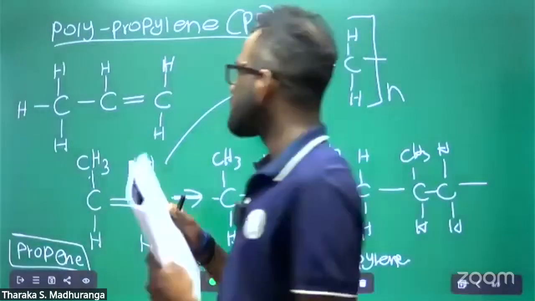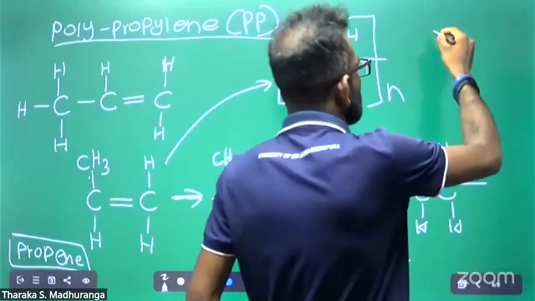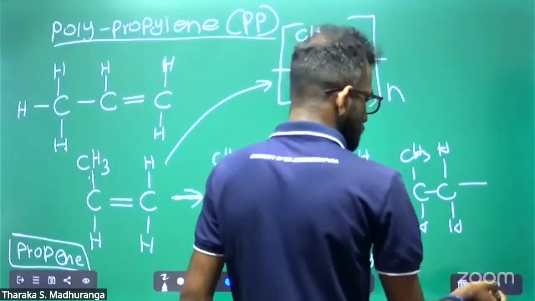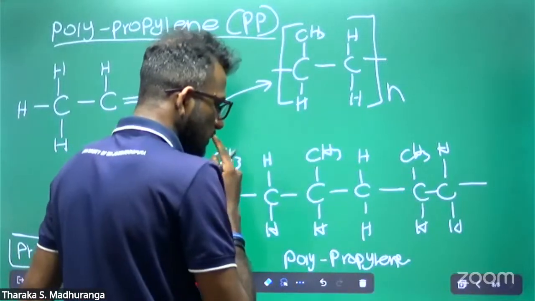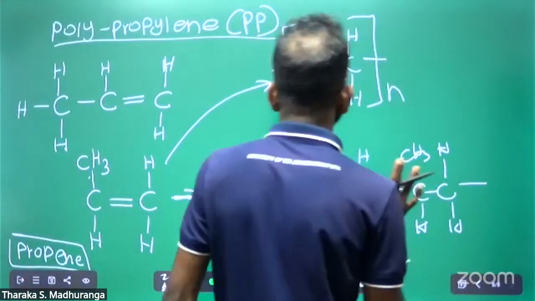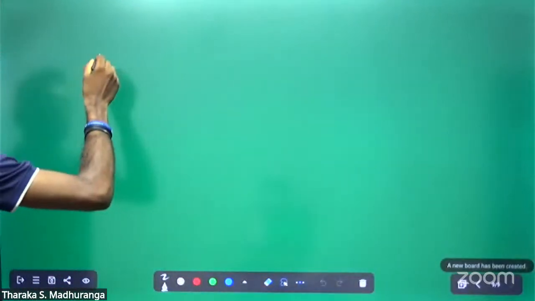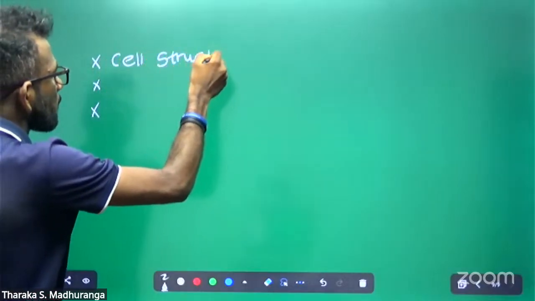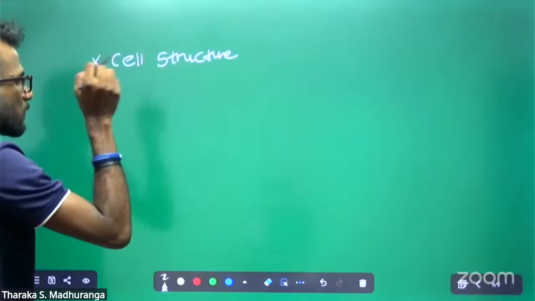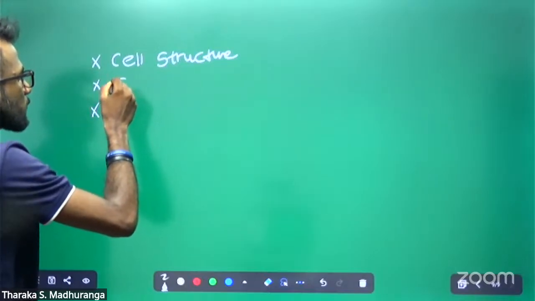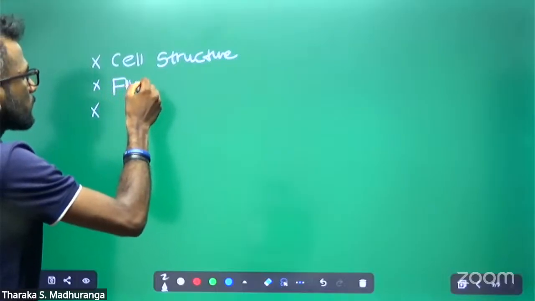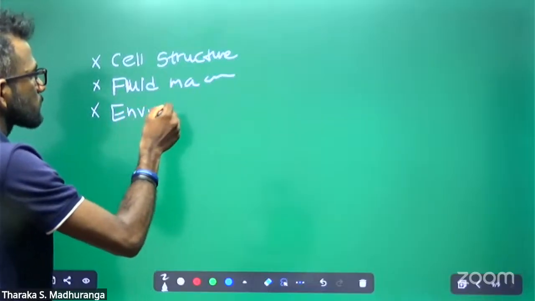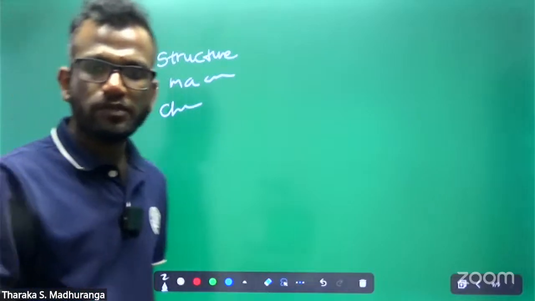I forgot, this week I sent you three tubes. Now all the tubes are ready. This week you will receive three tubes: cell structure, then fluid mechanics, and environmental chemistry.